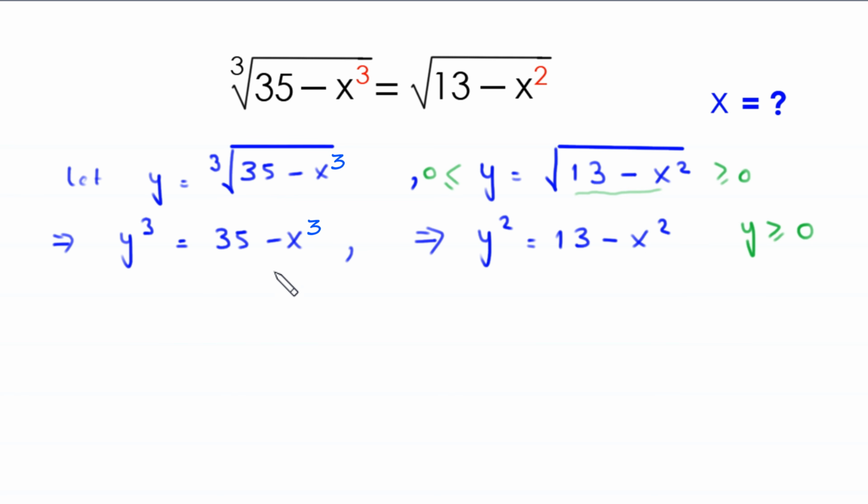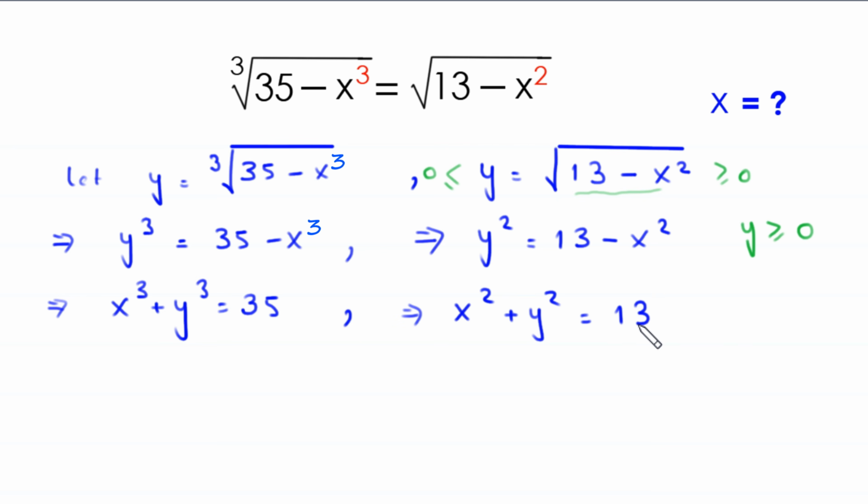From the first equation, moving negative x cubed to the left hand side, x cubed plus y cubed equals 35. From the second, x squared plus y squared equals 13.